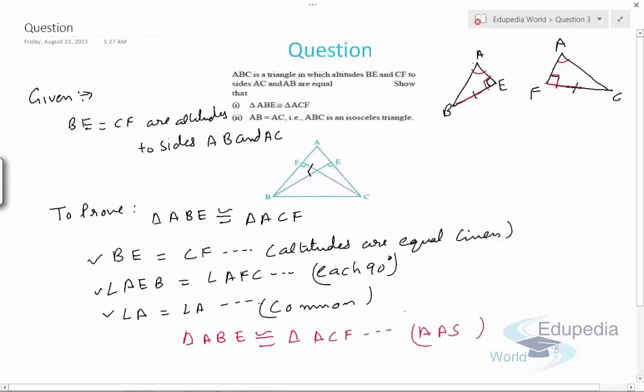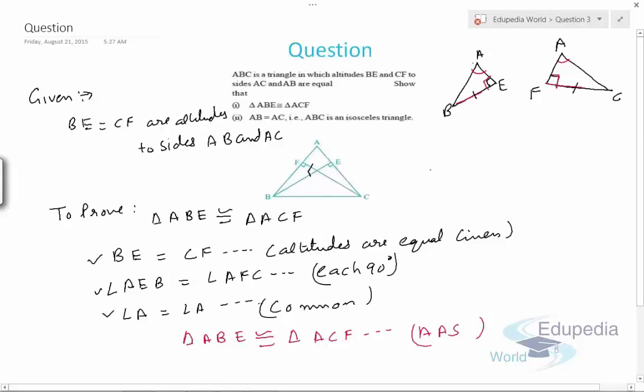Over here again we cannot use ASA rule. Why? Because the side is not included. So we have to be very careful while using the congruencies, about which criteria the congruency follows. The criteria here is AAS rule, not ASA rule. So we can say that these two triangles are congruent.